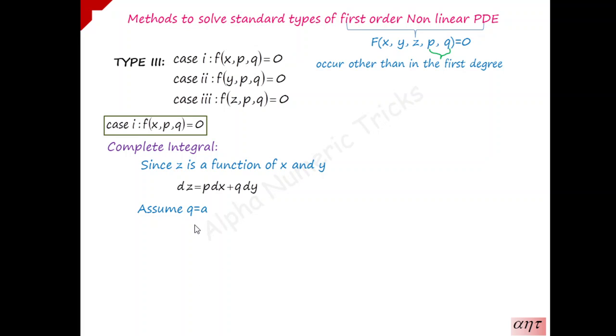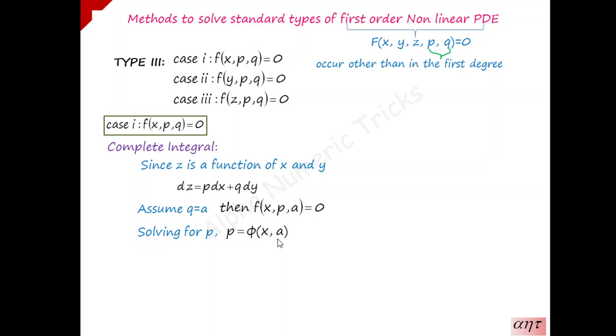Okay, now you have to substitute q is equal to a in our problem. Then your problem becomes f of x, p, a is equal to 0. From this equation, you have to find the value of p. How it is possible is, you keep p on the left hand side and the remaining terms on the right hand side.